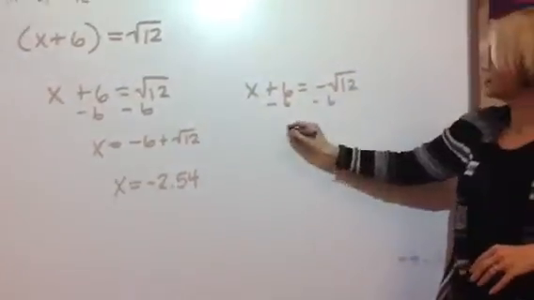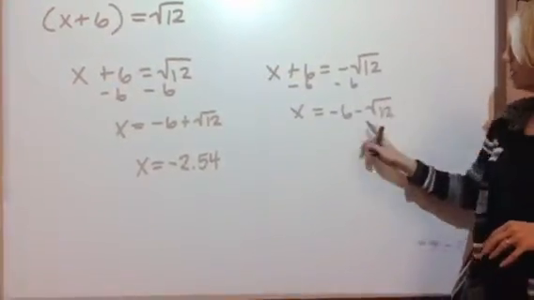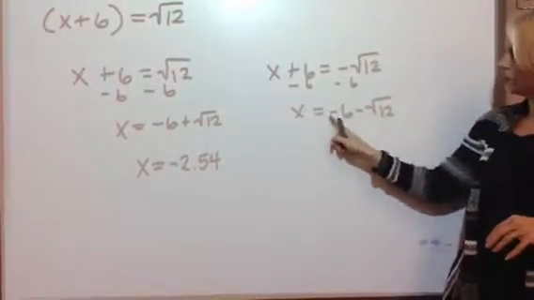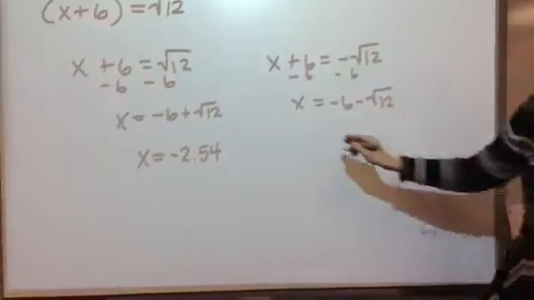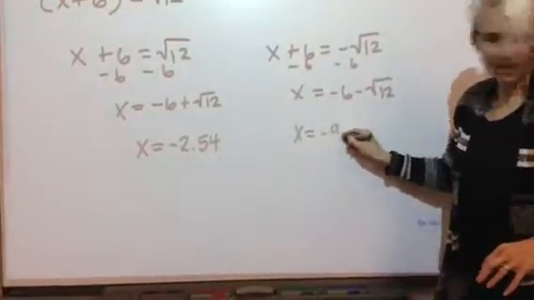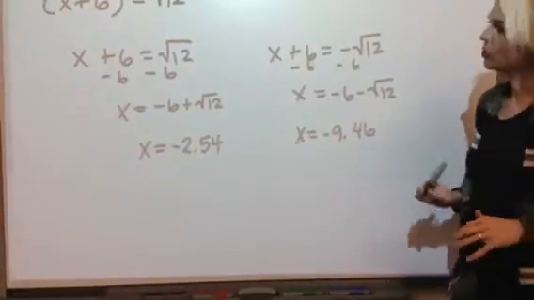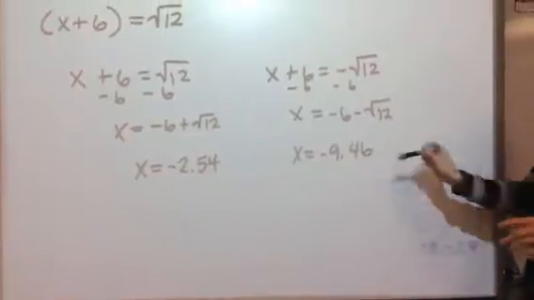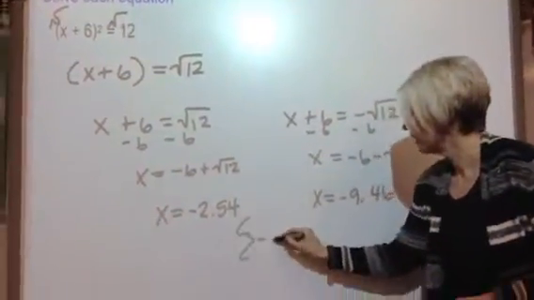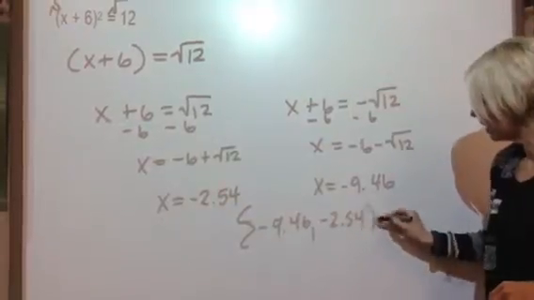Subtract 6 here, and then we do x equals negative 6 minus radical 12. So you're going to take radical 12, and then you have that going to be more negative, so you're going to add those two together, and you get approximately negative 9.46. So you can have a whole number result like you did here, or you can have decimal results where you'd have negative 9.46, negative 2.54.